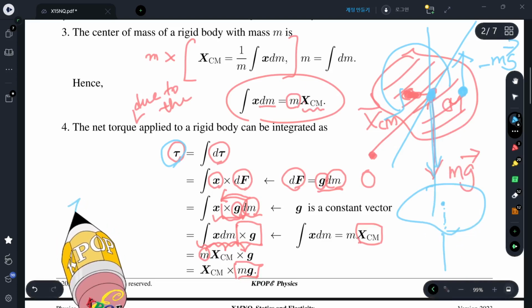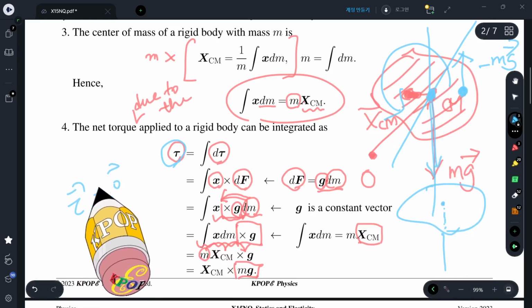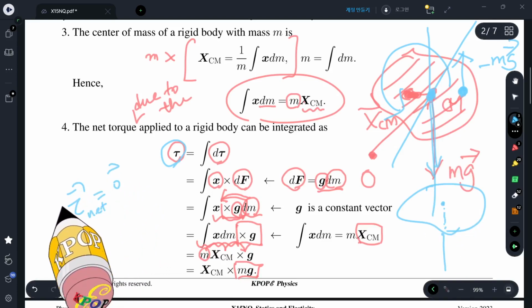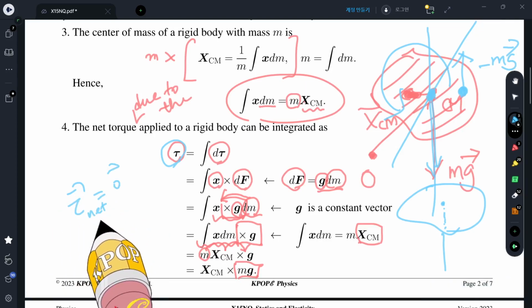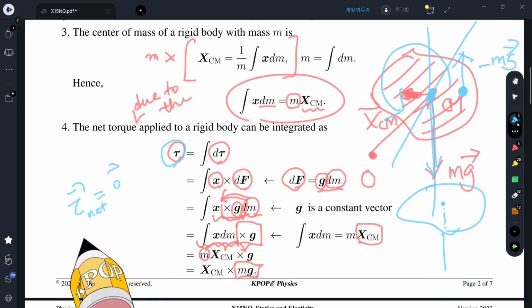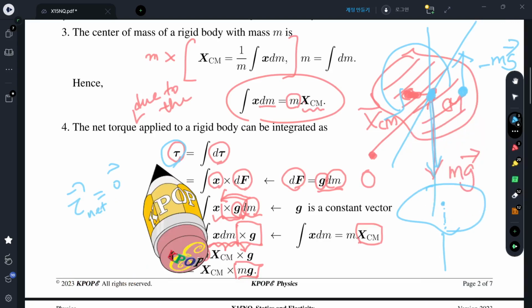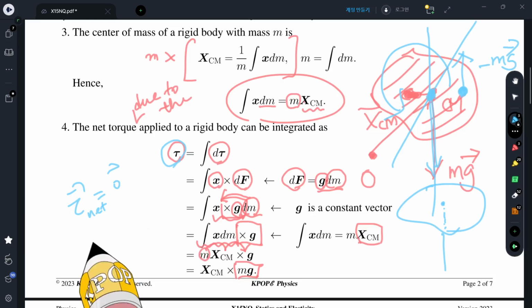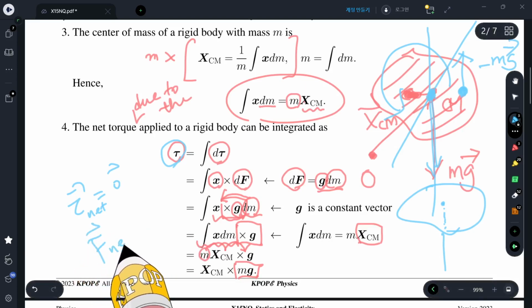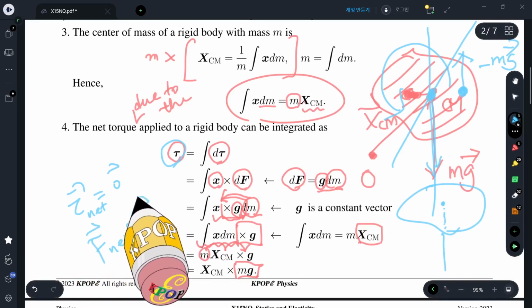Only if the net torque is zero. This net torque is the algebraic sum of the gravitational torque and my sustaining torque. F net equals zero, the algebraic sum of the gravitational force and my normal force, or any constraint force to hold it.